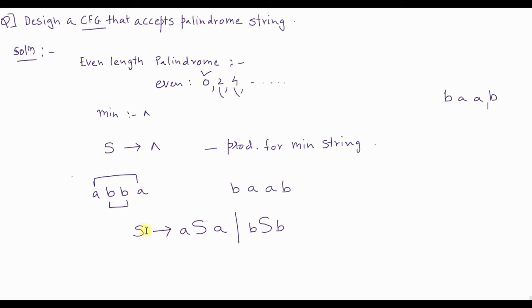So S is the start symbol, so I start with the start symbol. Now I can replace S with either ASA or BSB or null. Since I am trying to match the first element with the last element of the string, what I am interested in is B and B. So I will go for this replacement. I will replace S with BSB.